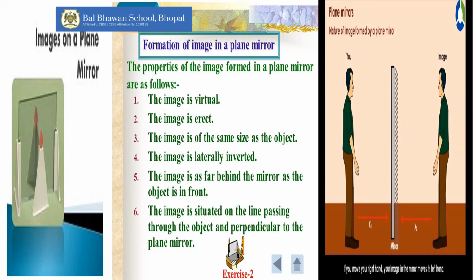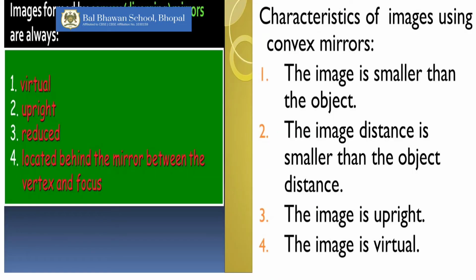That is, the image is as far behind the mirror as the object is in front. The distance of the mirror from the object and the distance of the image from the mirror is the same.